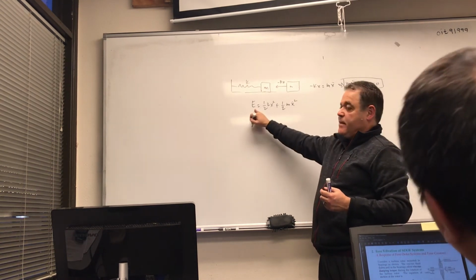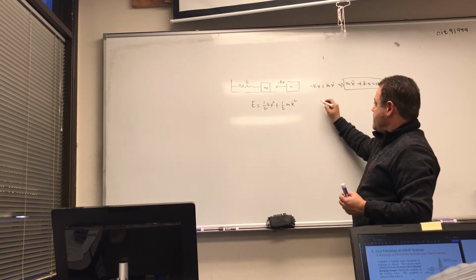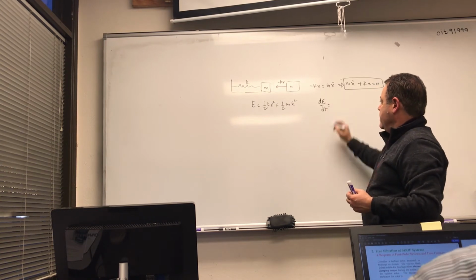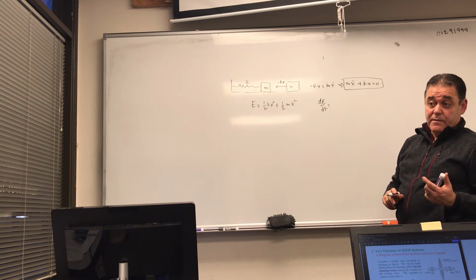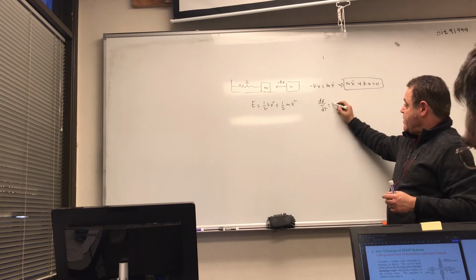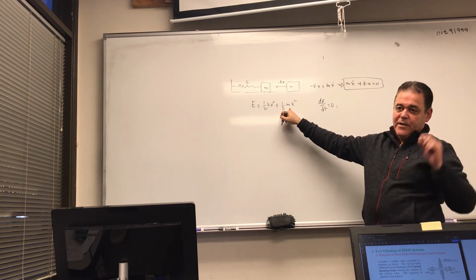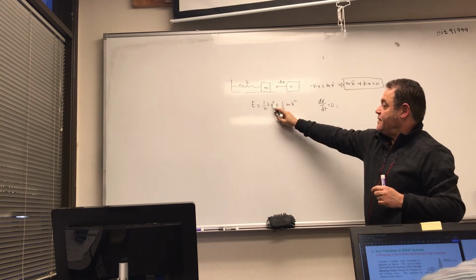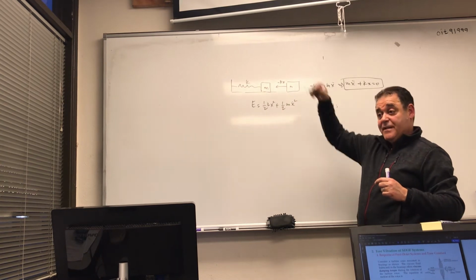And because E is constant, the second method said that dE over dt should equal 0, because the derivative of a constant is always 0. So if I take the derivative and remember my chain rule, I take first the derivative with respect to x and then multiply by dx over dt.